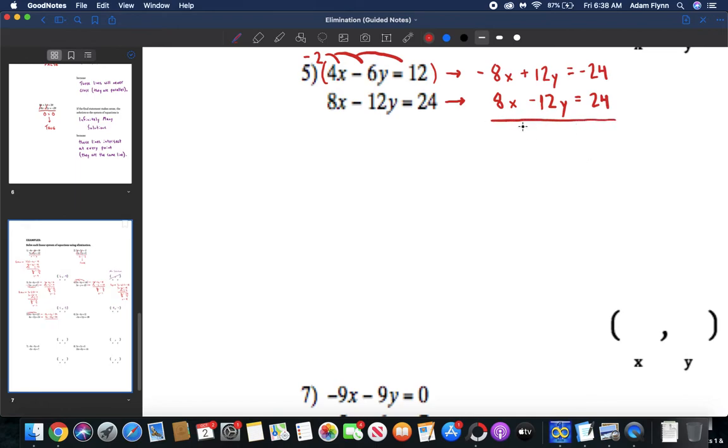I can combine my equations now. Negative 8x plus 8x cancels. 12y minus 12y cancels, so I'm left with a 0, or nothing on the left side. And I've got negative 24 plus 24 on the right side, which is also 0. So I've got no variable to solve for, so I can evaluate this final statement. 0 equals 0. That is true.